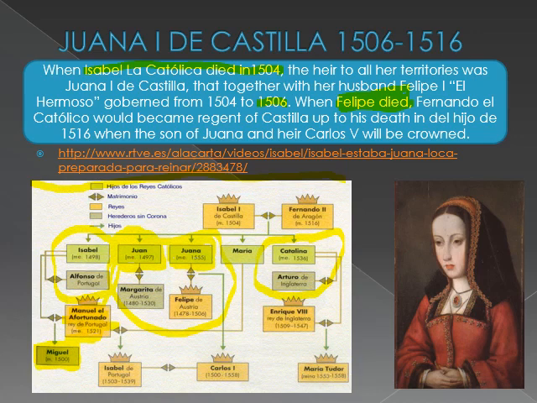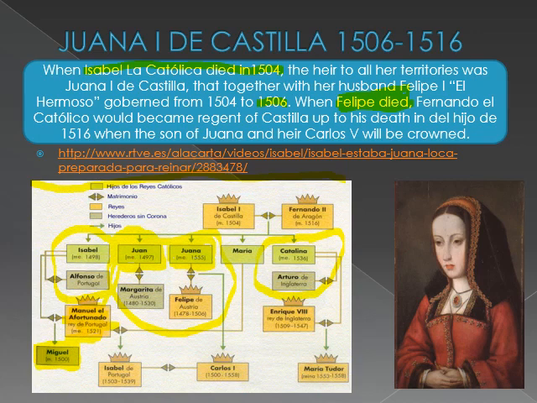After the death of Philip, Fernando is going to take the chance to become the regent of Castilla, el regente, not the king. He couldn't be the king anymore due to this dynastic union we talked about. He's going to become regent, as I said, up to his death in 1516.